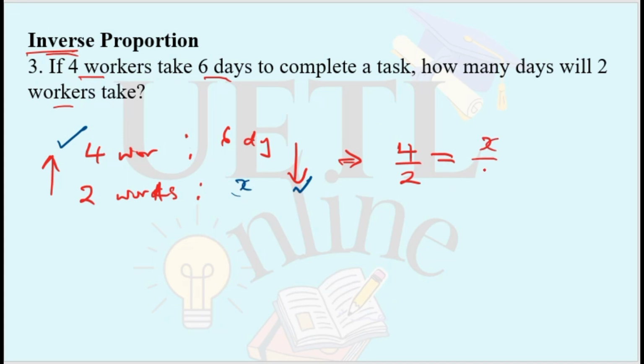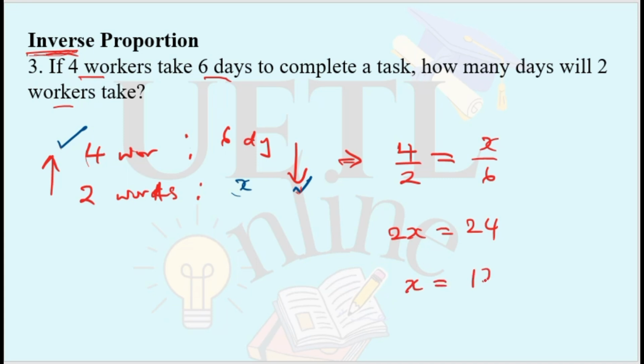This is the easy way of doing it. If it's an inverse proportion, the arrows are different. When you take this rate first on this side, on the other side you have to take the other rate first. Let's cross multiply: 2 times x, which is 2x, is equal to 4 times 6, which is 24. So x is equal to 12 days.